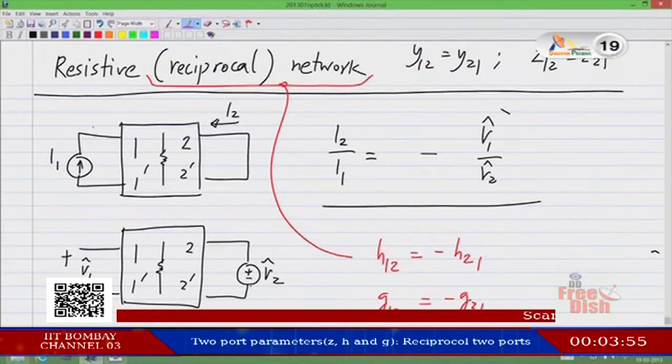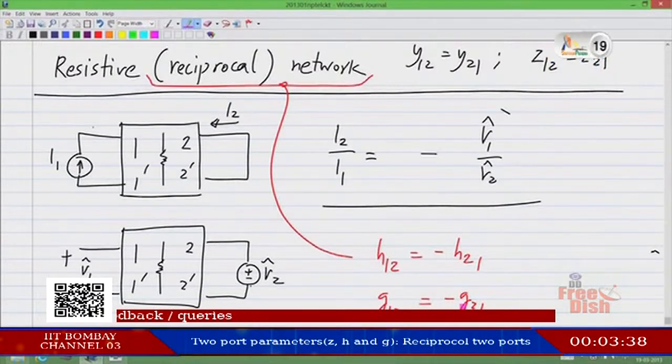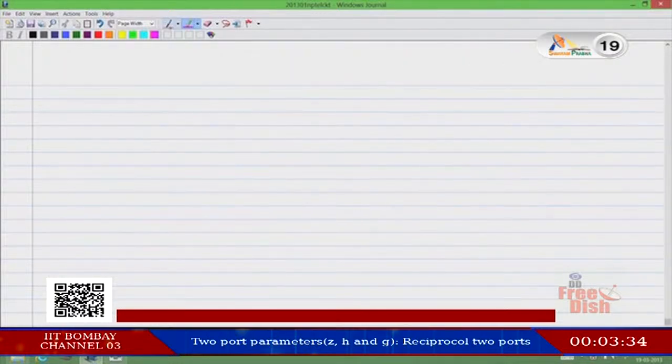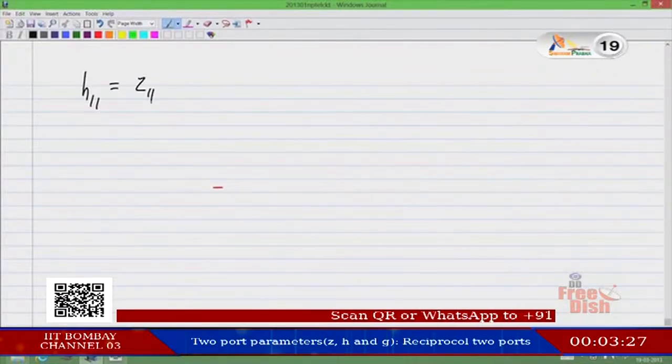Any questions about this? Finally, someone in the chat window commented that H11 equals Z11. Is this correct?